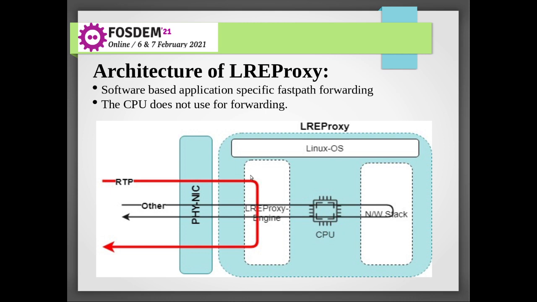The packet is then prepared for forwarding without taking more CPU. Other packets follow normal routing, take CPU, and go up the network stack until they reach the application layer.